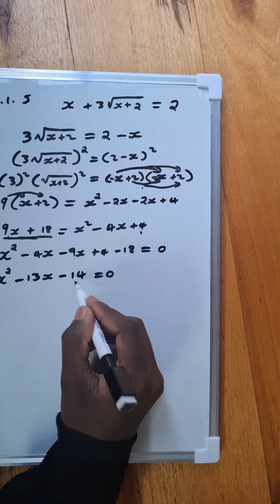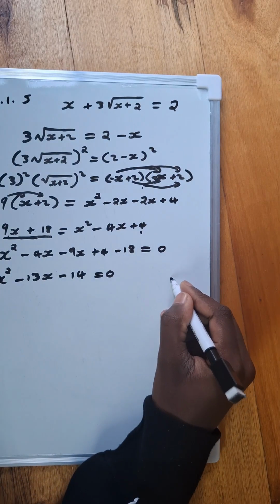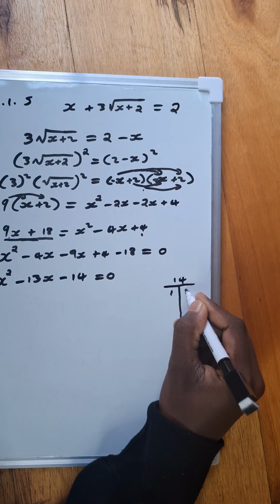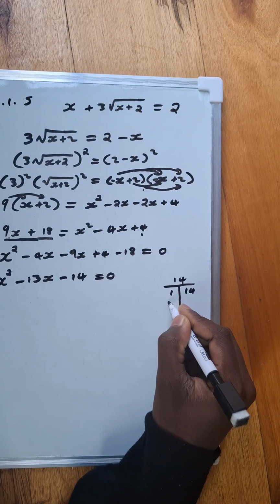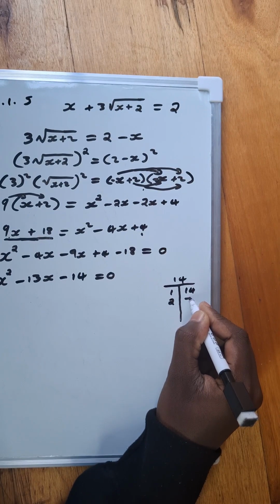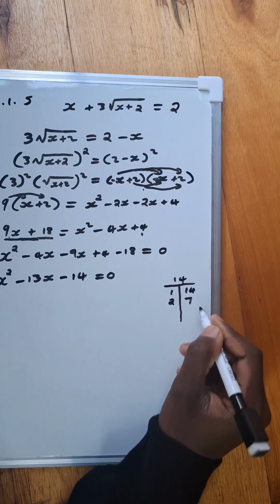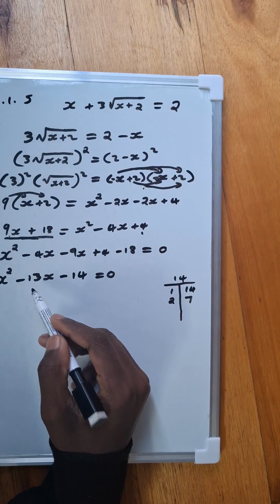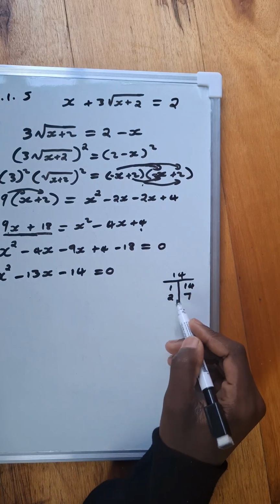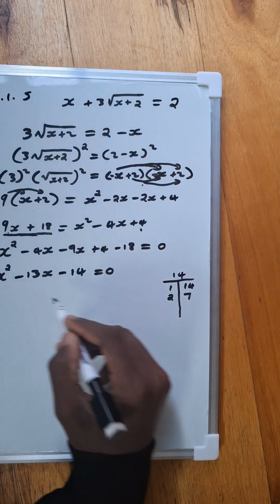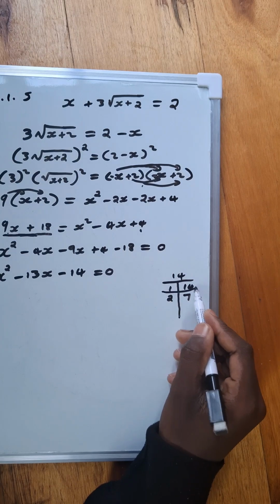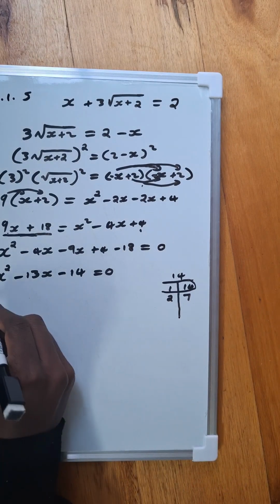Then you have to get the factors of 14 that will give you 13. So it is 2 and 7 that when you add or subtract, you get 13. So 2 plus 7, do we get 13? No, but 14 minus 1 is 13.